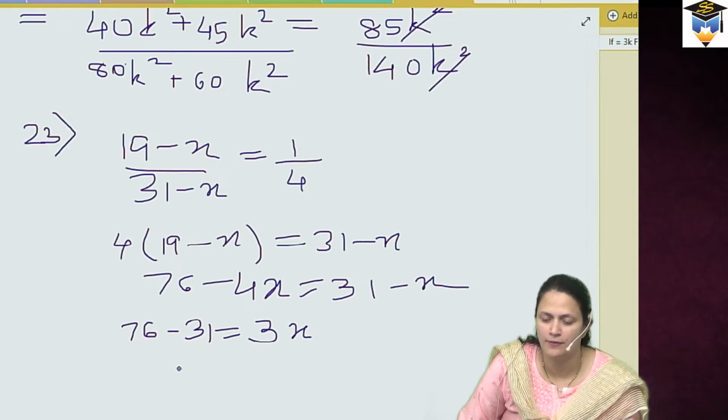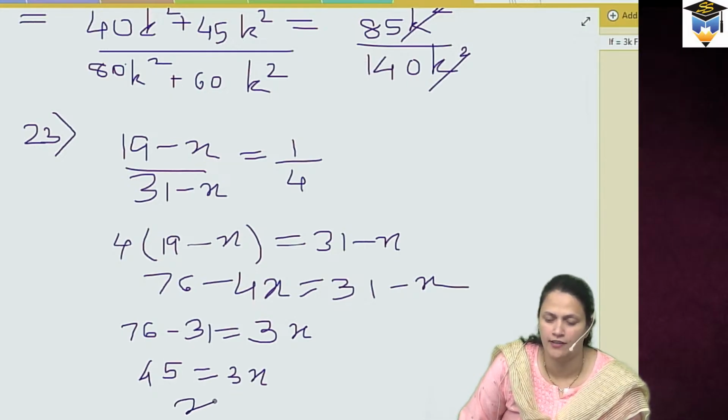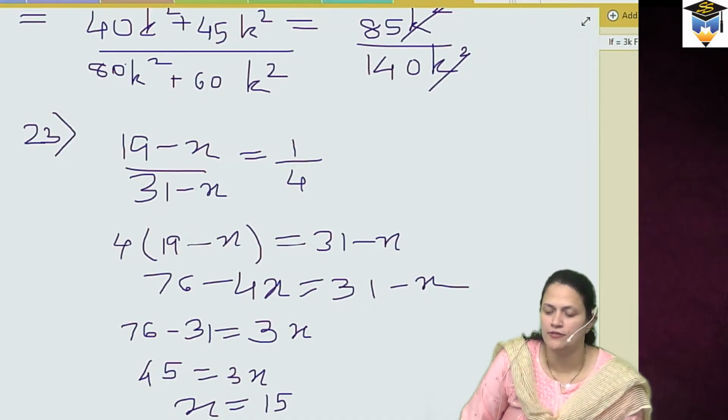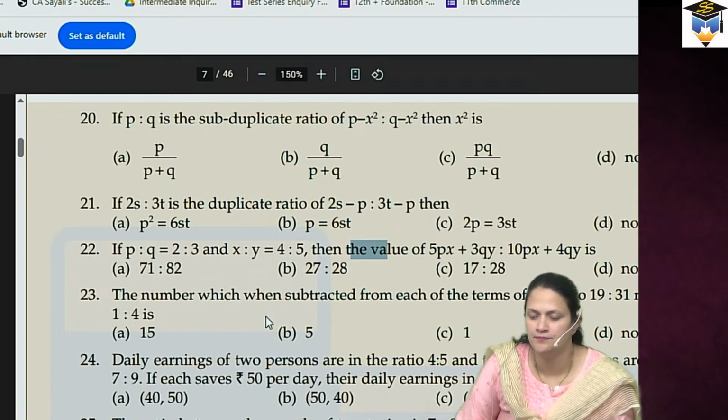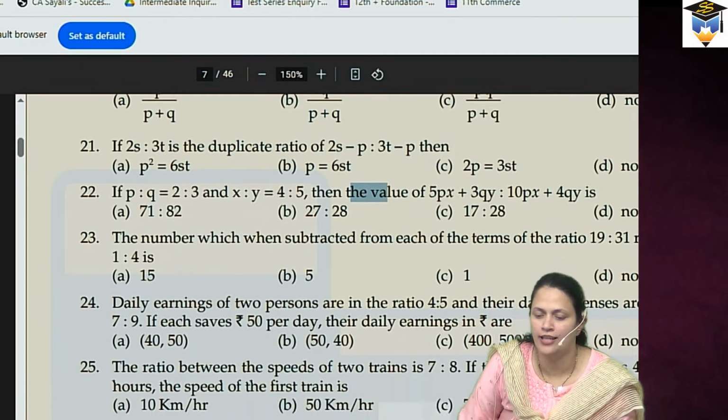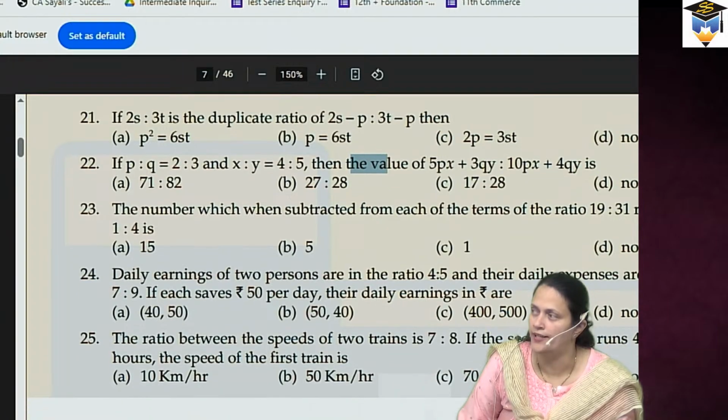Okay. So tell me this answer. 45, is it? So the value of x is 15. Correct. So the number is 15. Okay. So option A for the 23rd sum. You're going to get option A for the 23rd sum. Alright.